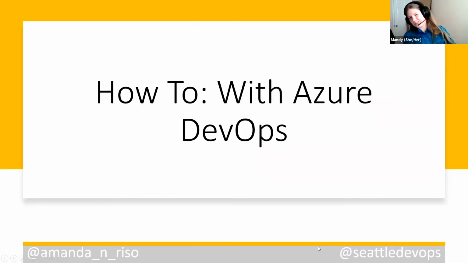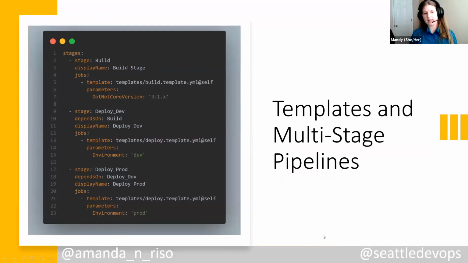So how to do all of this with Azure DevOps. My biggest suggestion, which has come out in the last 1.5 to 2 years, has been templates and multi-stage pipelines. The templates and multi-stage pipelines are meant to replace the release pipelines with Azure DevOps. And there's not a lot of really great documentation on how to do this build once, deploy many.